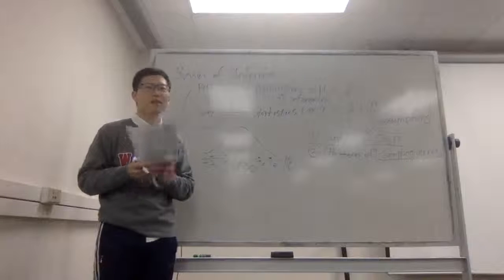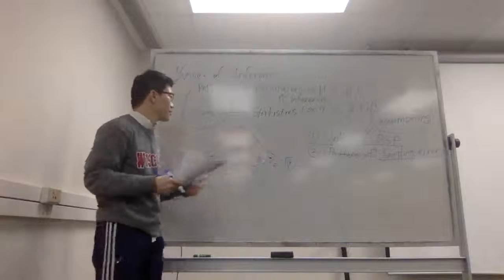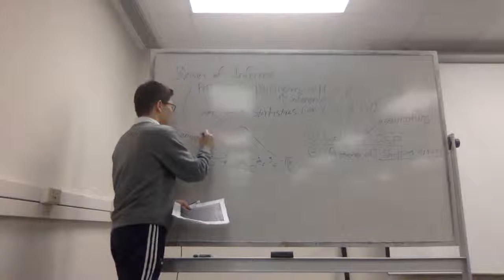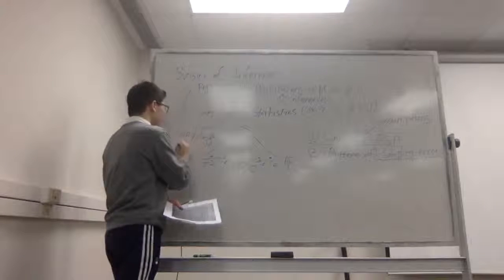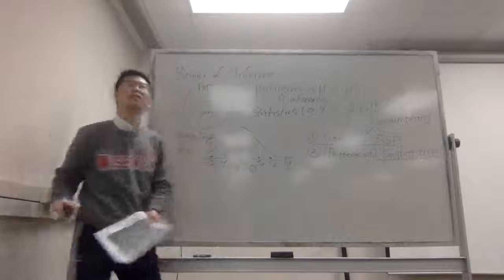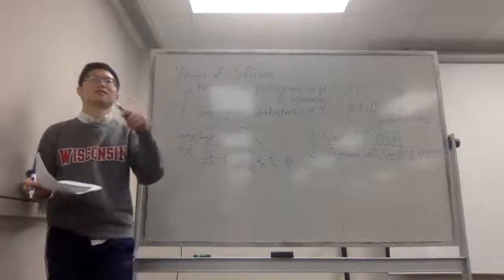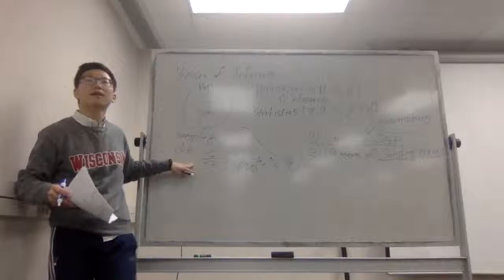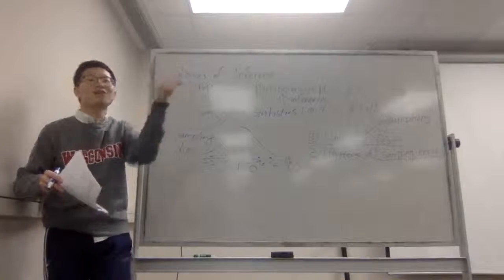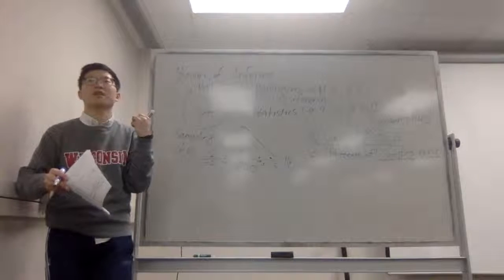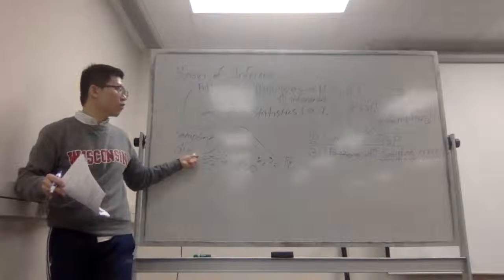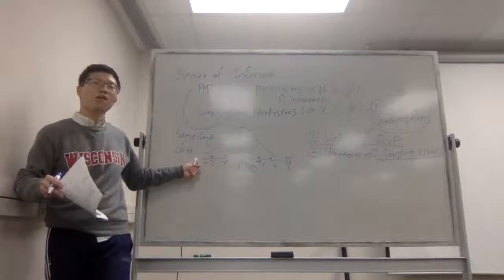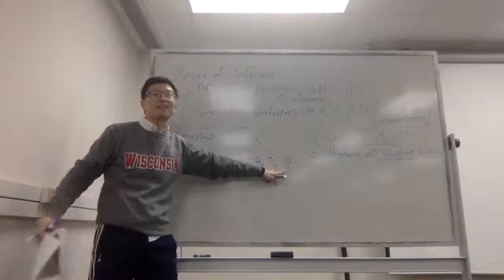Does that make sense? This distribution is called a sampling distribution. This is different from sample distribution. Sample distribution is the actual sample's distribution, but this is a theoretical assumed distribution of beta hat.